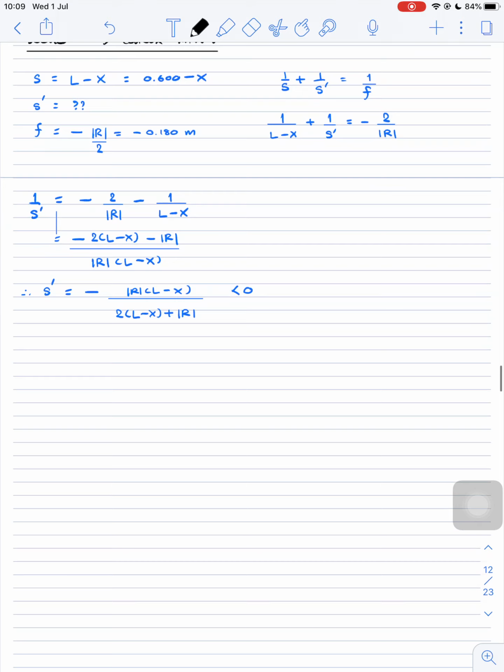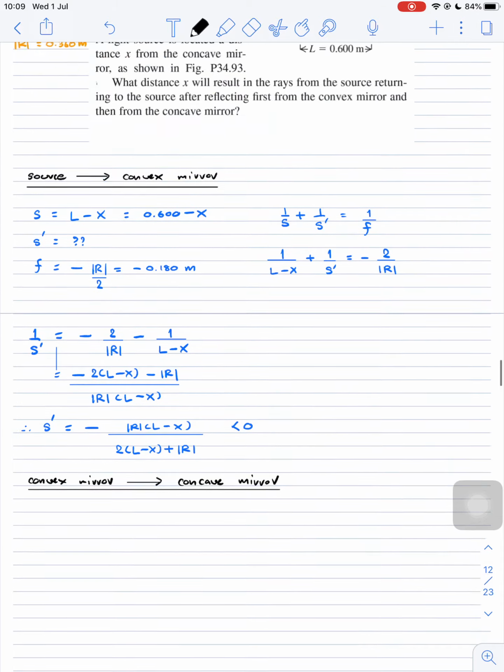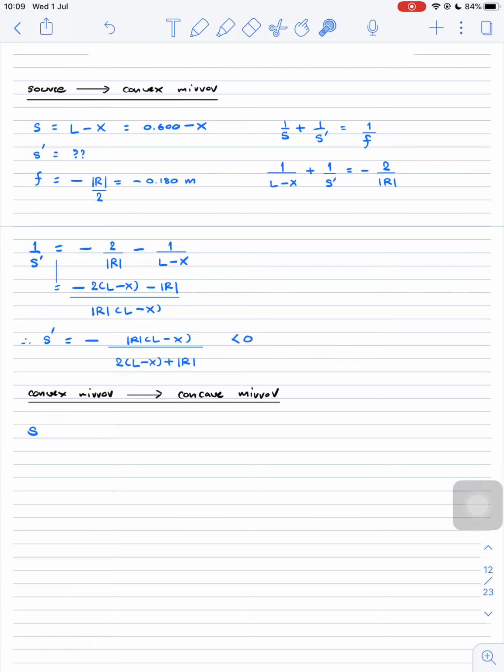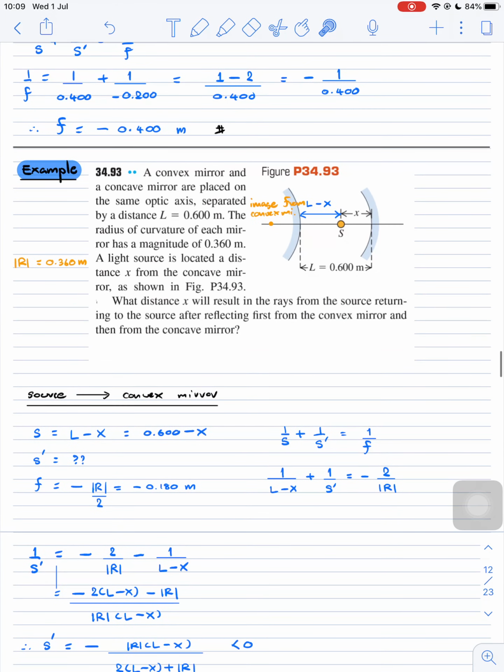So now let's consider when the light is coming from the convex mirror and then goes to the concave mirror. Let's just start from the S here. The S is the object distance, so it's going to be this length.